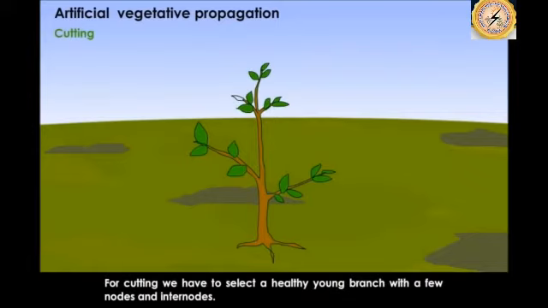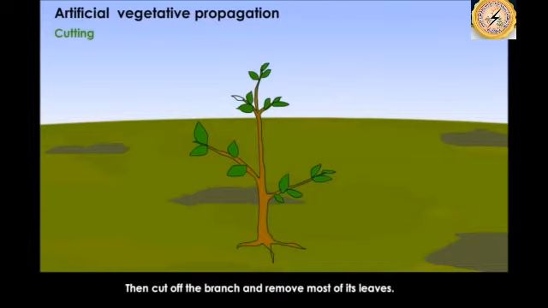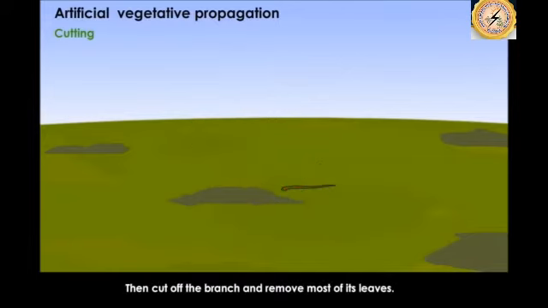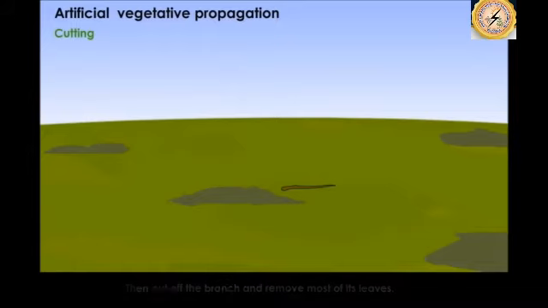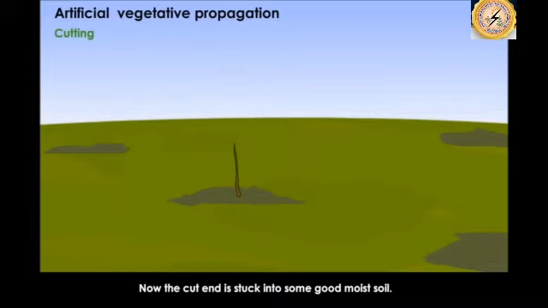In the case of cutting, we have to select a healthy young branch with a few nodes and internodes. Then cut off the branch and remove most of the leaves. Now the cutting is stuck into some good moist soil.